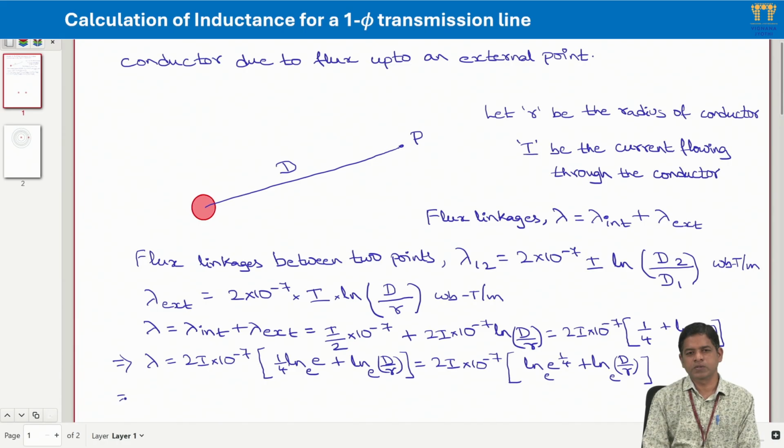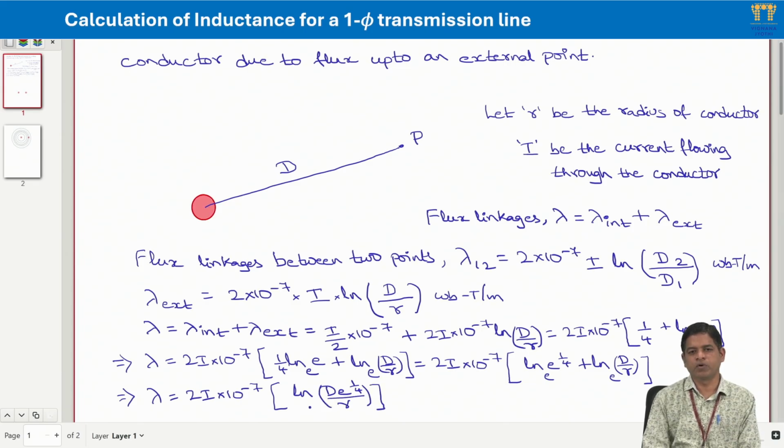It implies lambda is equal to 2I into 10 power minus 7 into, now the above expression is in the form of log a plus log b, which will be equal to log ab. Then this can be written as log d e power 1 by 4 by r.